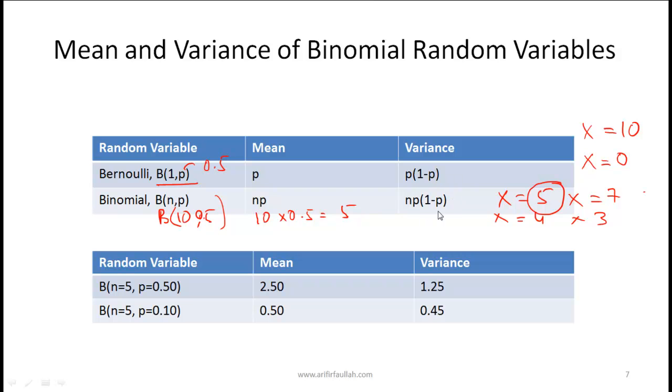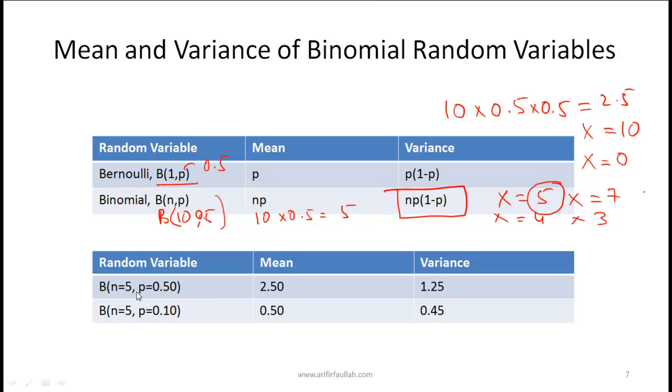We don't need to know the derivation, but simply need to know this formula: the variance is n times p times 1 minus p. In this example, n is 10, so the variance is 10 times the probability, which is 0.5, times 1 minus p, which is also 0.5. So this is simply equal to 2.5. So the variance is 2.5.